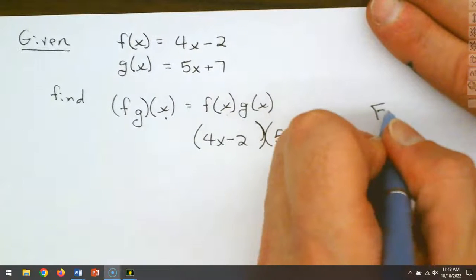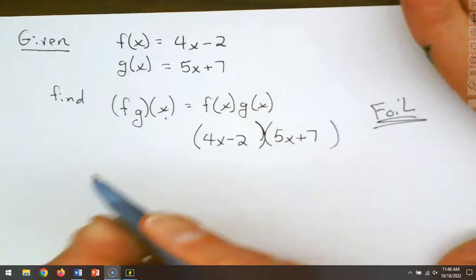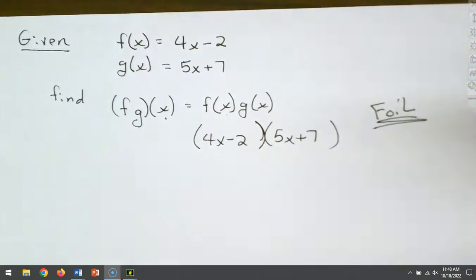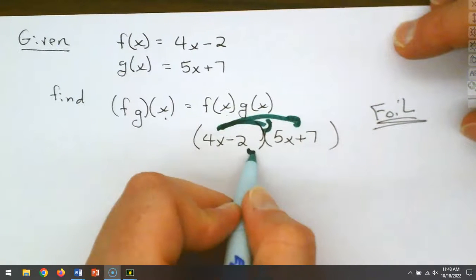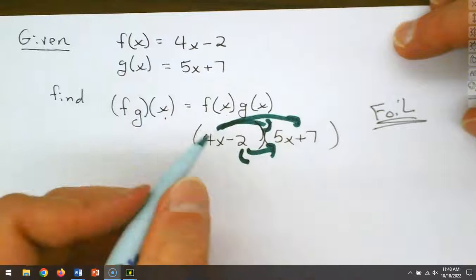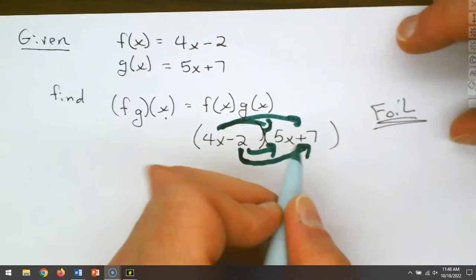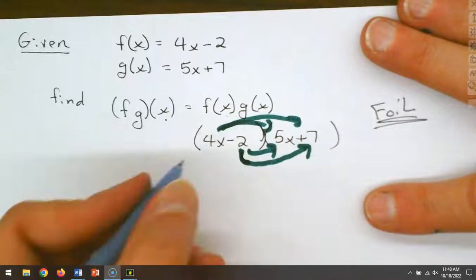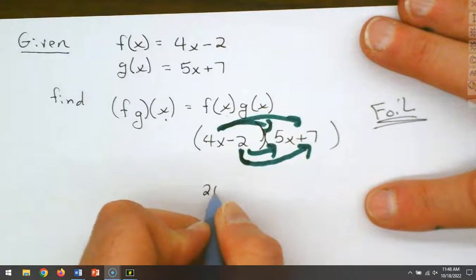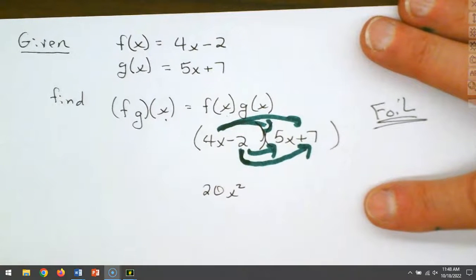I can finish this out by FOILing. So we're going to go ahead and FOIL this out. First times first, 4 times 5, that's a 20x squared.